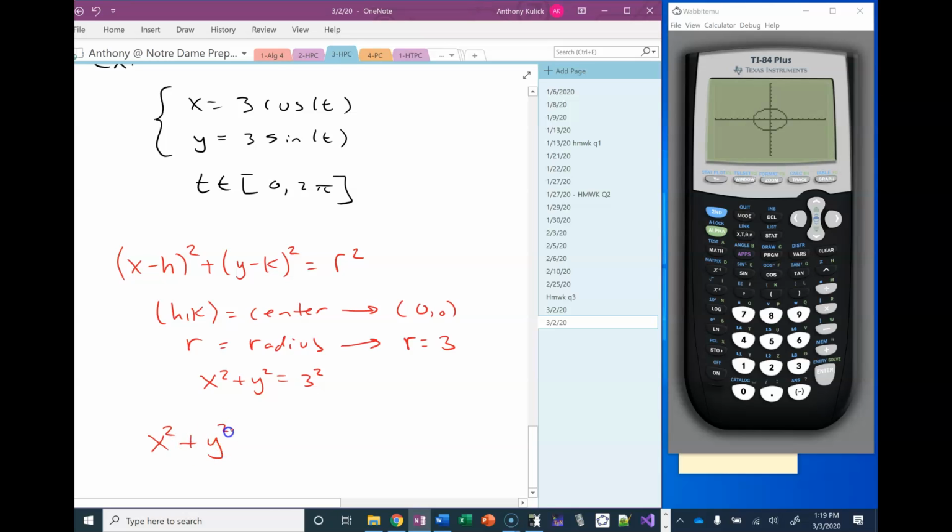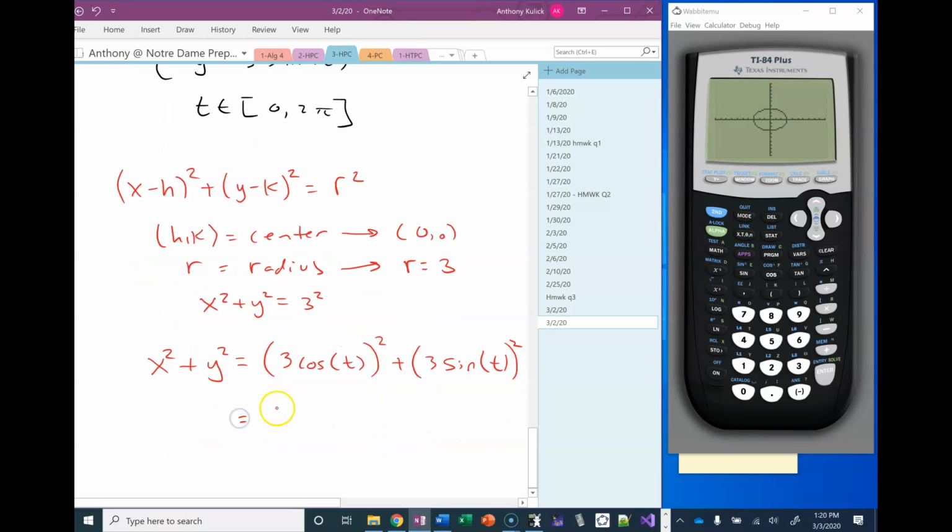So if I take x squared plus y squared, and I substitute in that x is equal to 3 cosine t, and y is equal to 3 sine t, and then we'll simplify and see if we can get 3 squared or 9 out of that. Sound good?